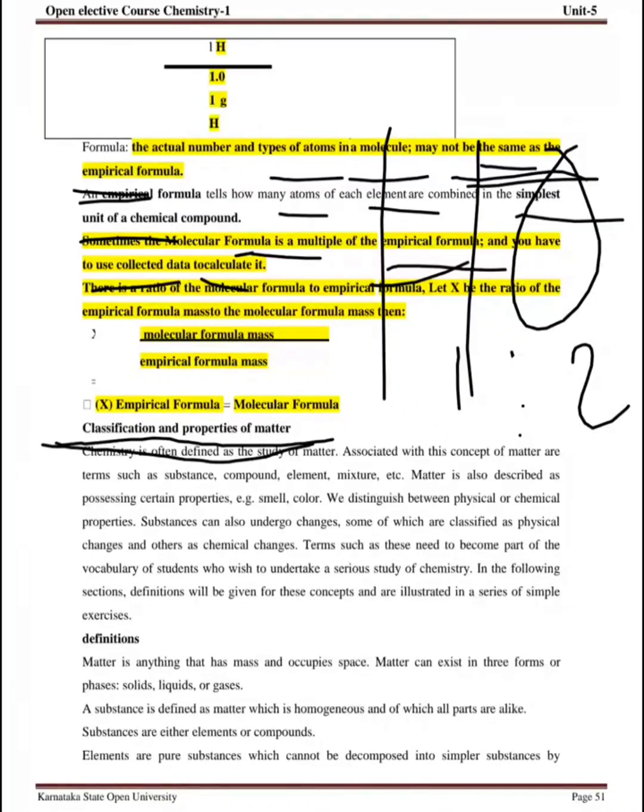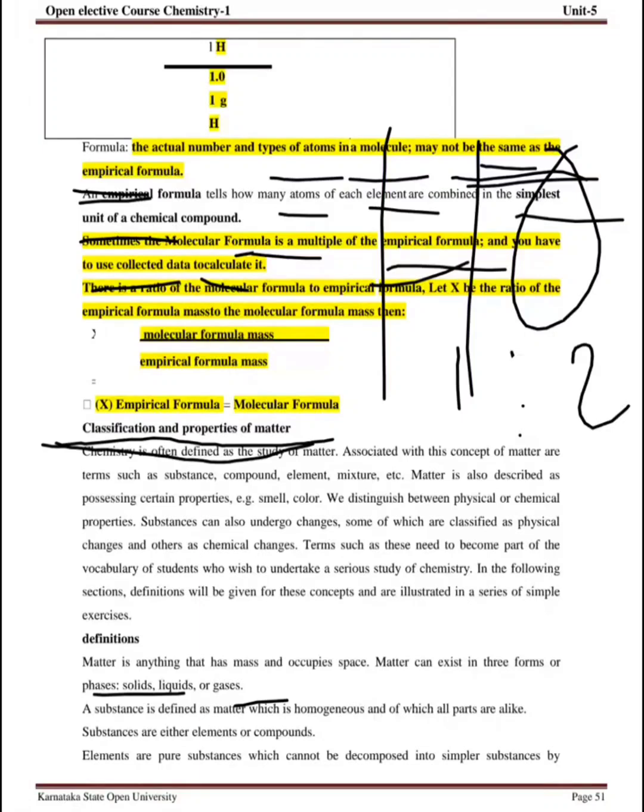Matter is anything that has mass and occupies space; you can call it that in simple words. There are different forms, or phases, such as solid, liquid, and gaseous phase, and these are all substances which can undergo changes.